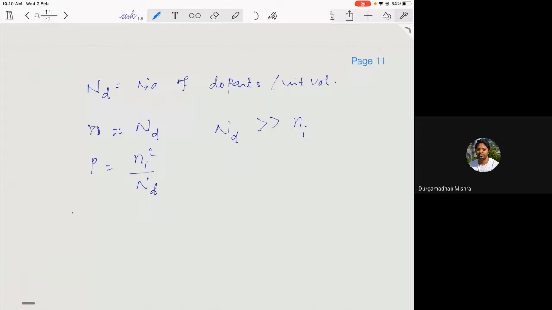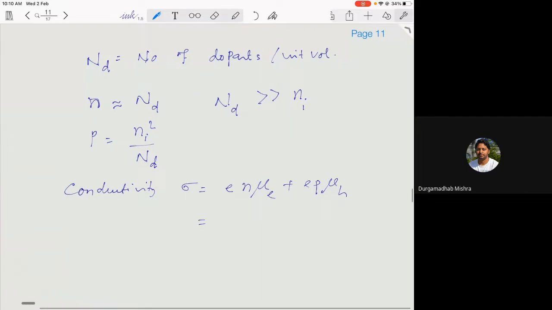And the conductivity will be given by sigma equal to e n mu e plus e p mu h. But since your number of electrons is equal to the number of dopants, it is e Nd mu e plus e p mu h.